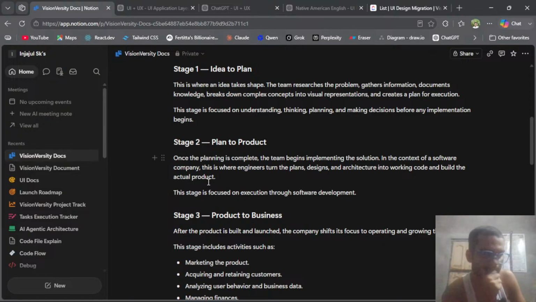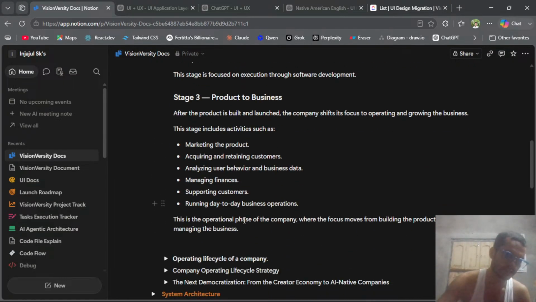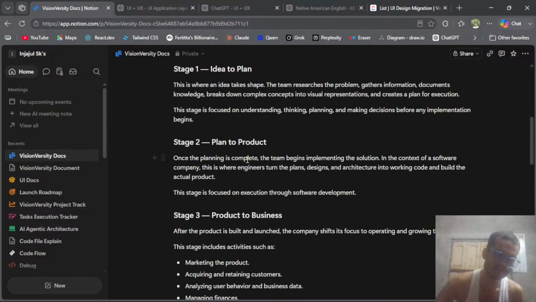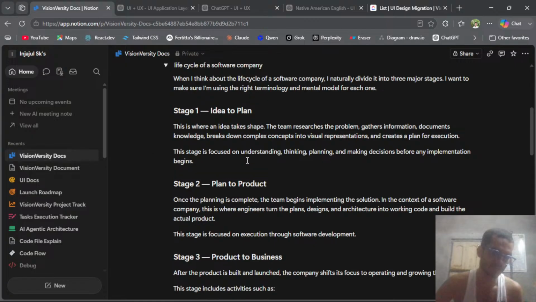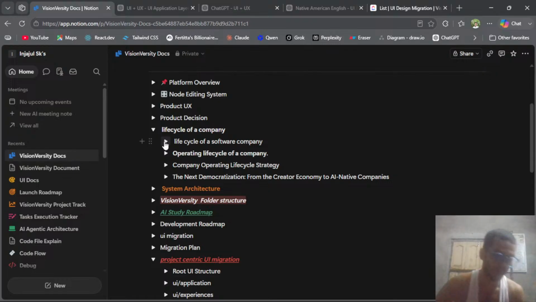Let's say you can research your product and technical issues like that. But this part I'm not focusing on. My ultimate goal is to create an interface for the life cycle of software company creation.